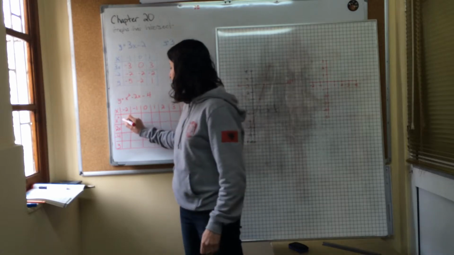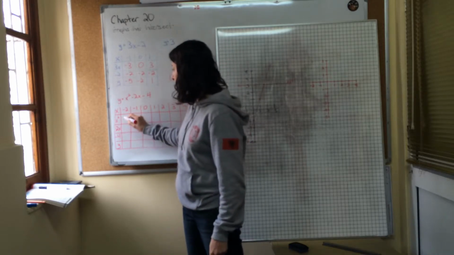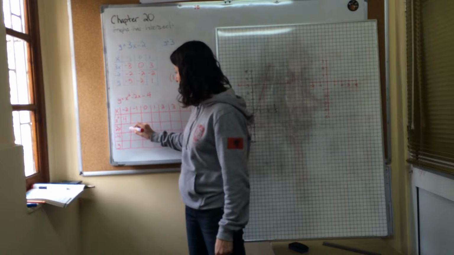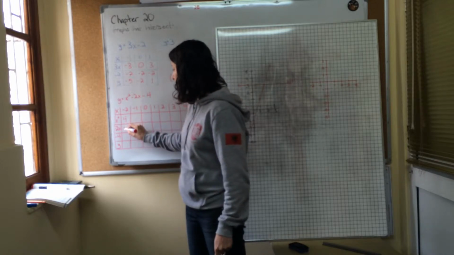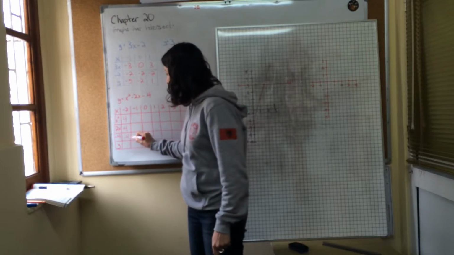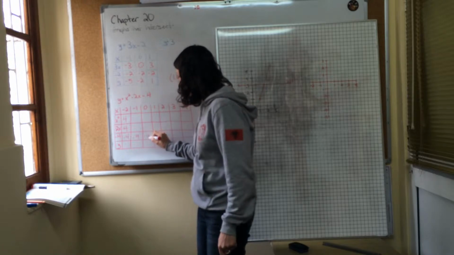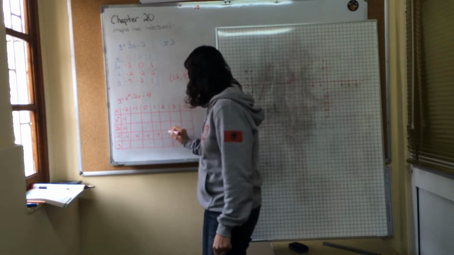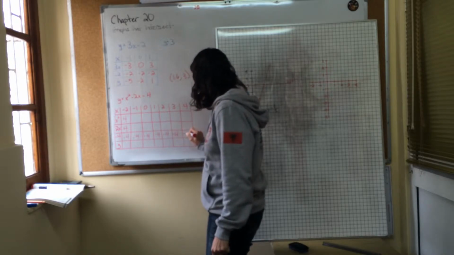So if we look at this, -2 squared is going to give us a +4. -2 times -2 is a +4. I'm going to go ahead and fill in this line so I don't make a mistake. These are all going to be -4.